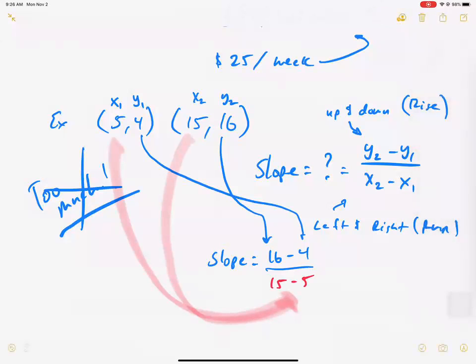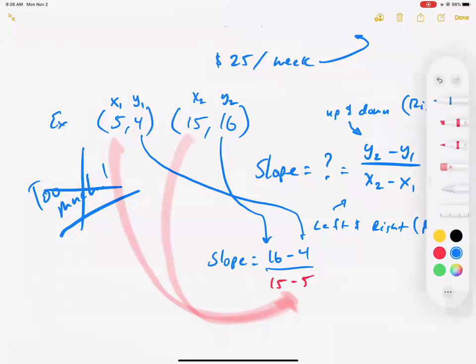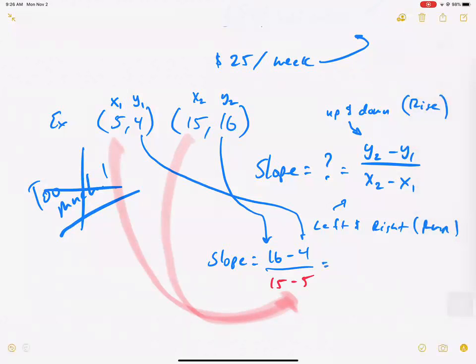And this gives us 12/10, which reduces, dividing both by 2, to 6/5. This is our slope.